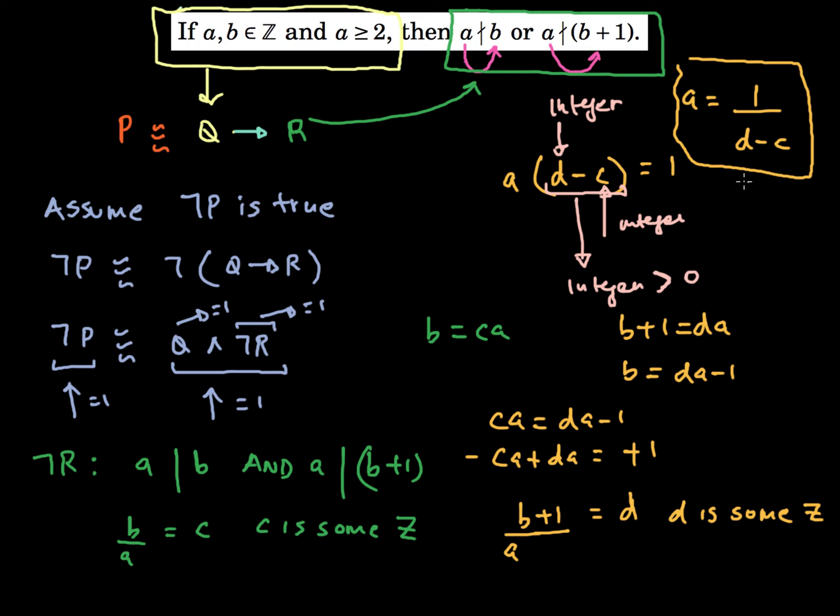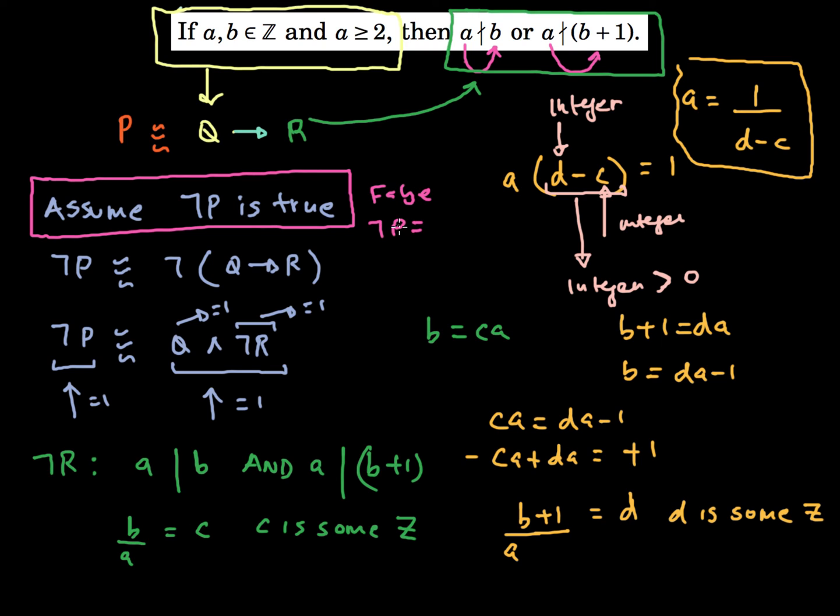Because of this contradiction, I know that my assumption of not P being true is false. Not P is equal to 0, indicating false, which means that the original statement P must be true. And the original P is this entire box here in purple.